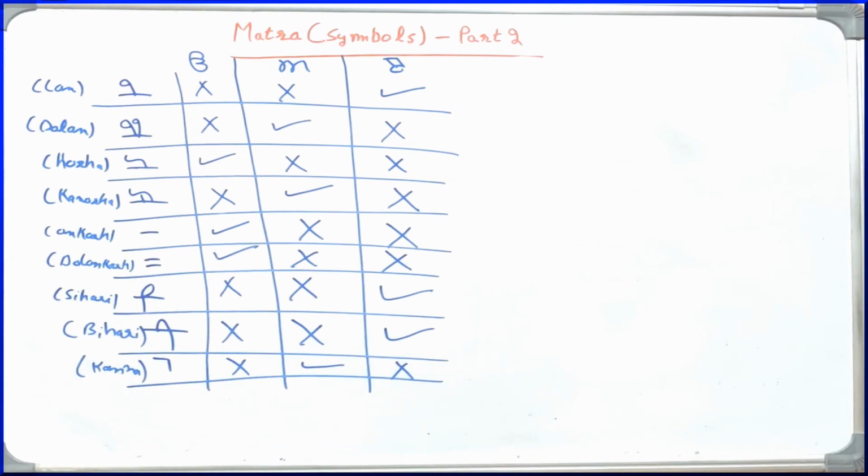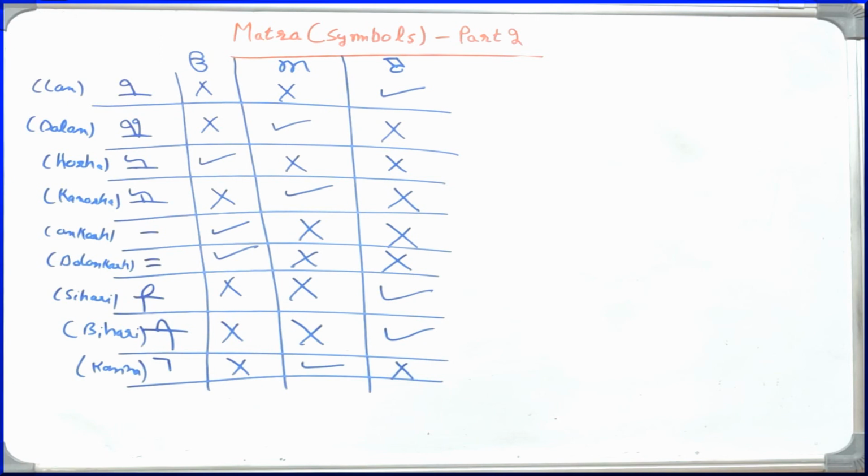This is the simple chart that you can refer in future if you have any confusion to know where these matras can be put on these three letters. This is all for matras. In the next couple of videos, we will learn how to pronounce the sounds of different Gurmukhi letters when the matras are attached to them.